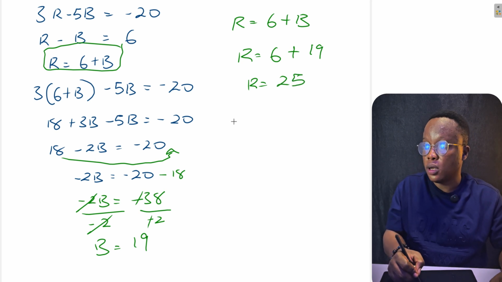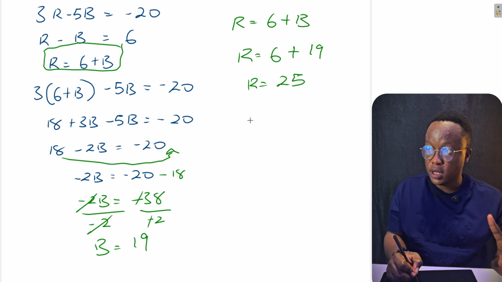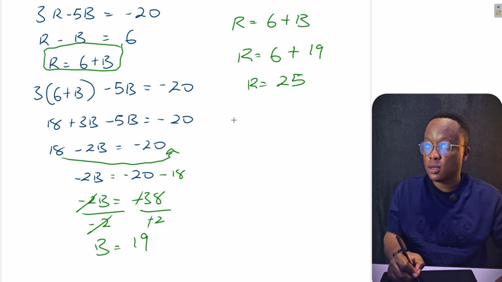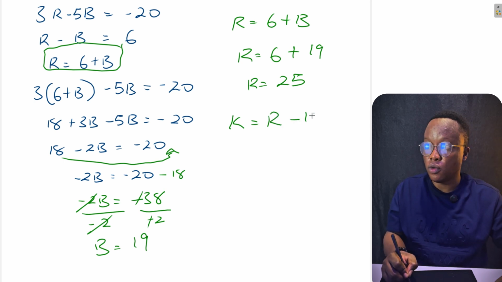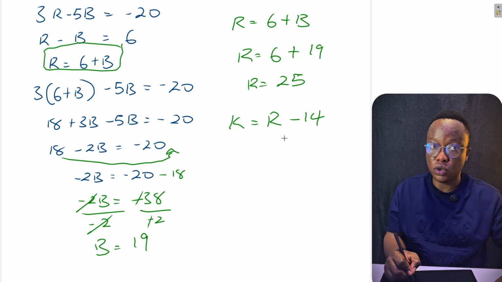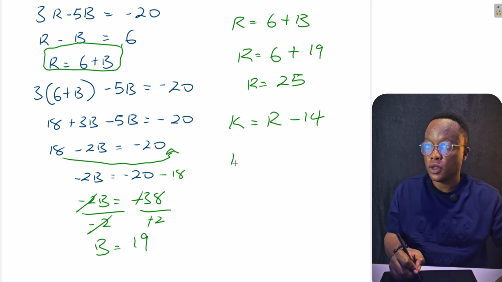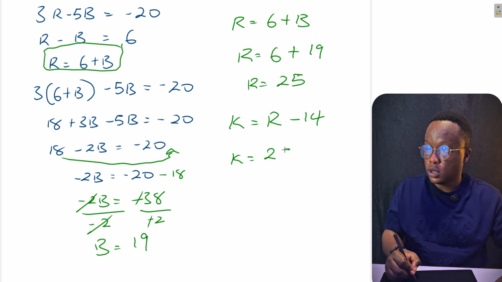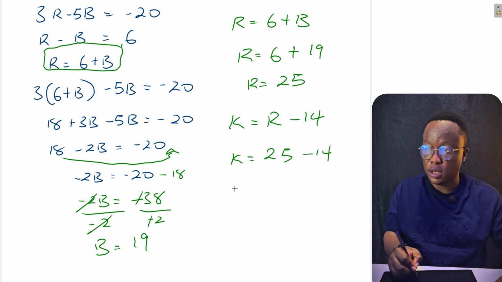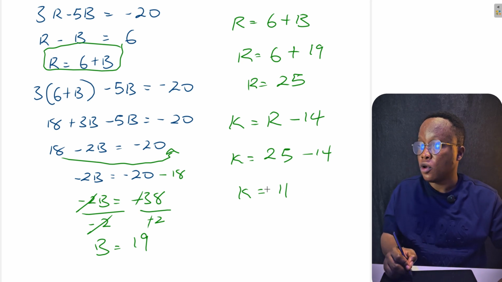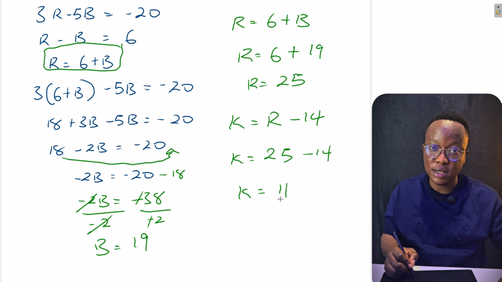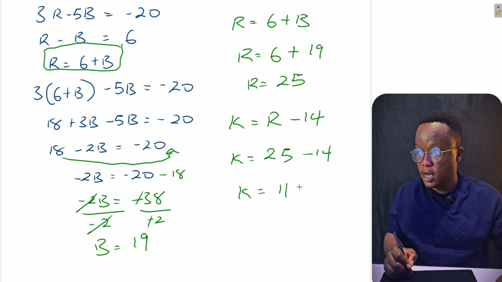Also recall that from equation 3 earlier, Rickon K is 14 years younger than Rob. So Rickon is equal to R minus 14. So K is equal to 25 minus 14. K is equal to 11. Right. So now we have all of Ned's sons' ages.